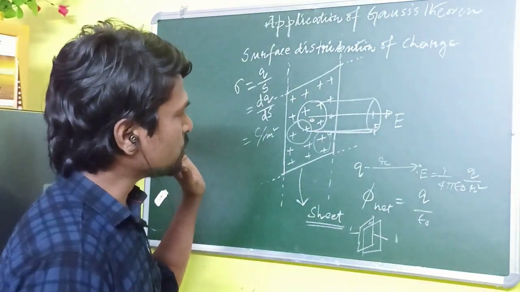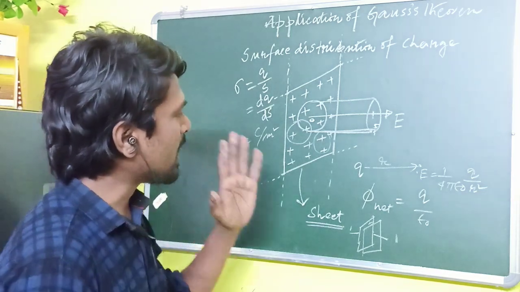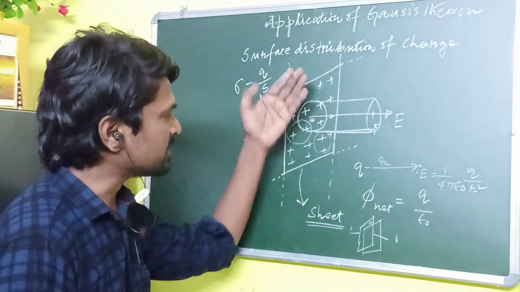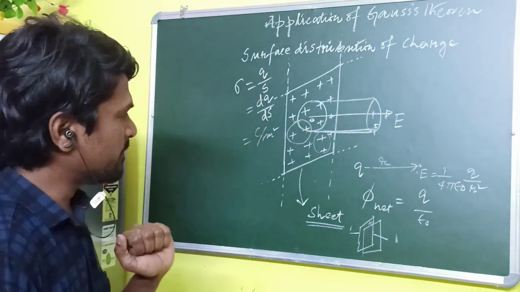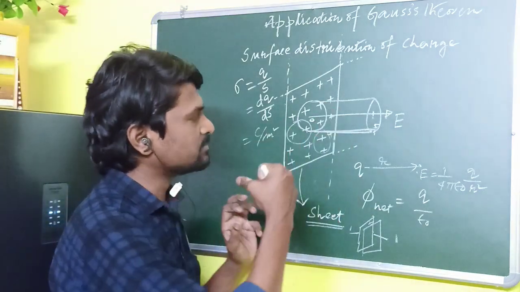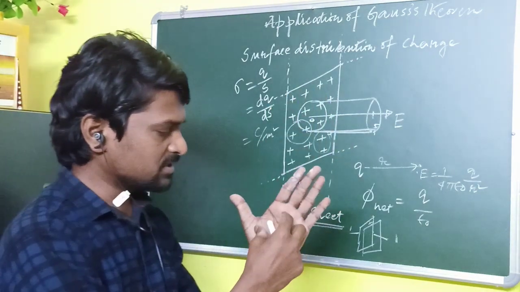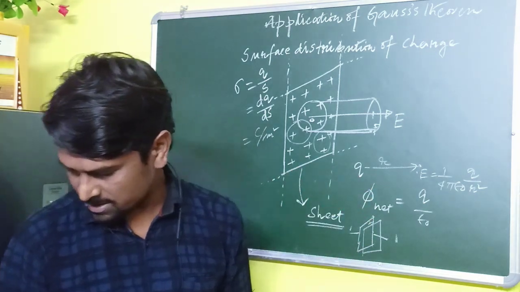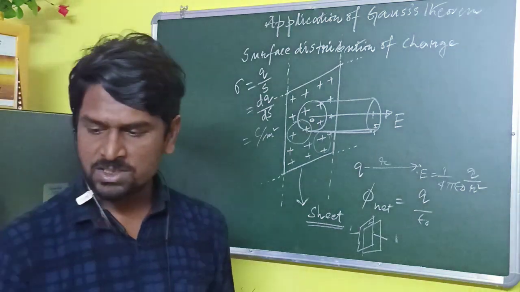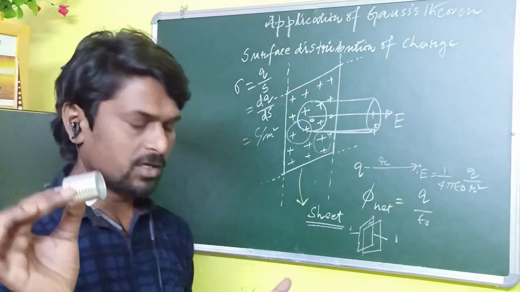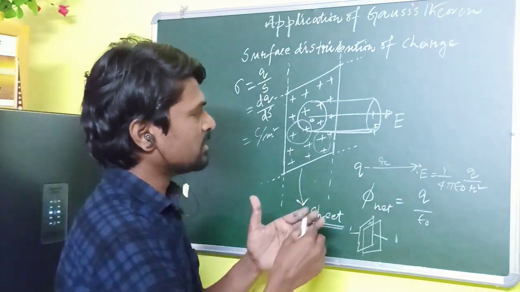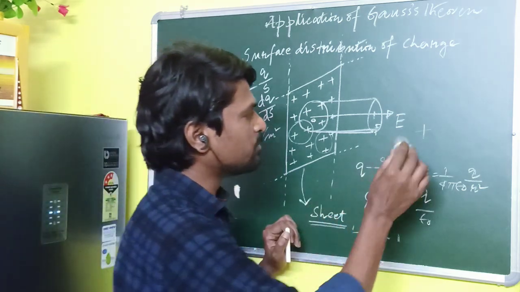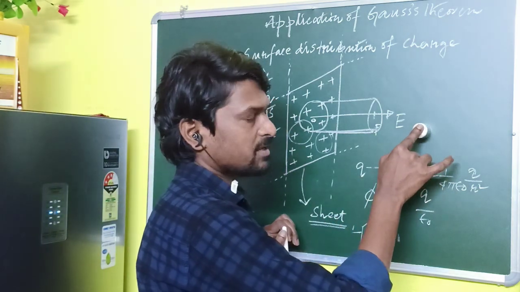Okay. So applying Gauss's theorem, you have to calculate the electric field intensity at some point from that particular sheet. Suppose, students, there is a charge here and you have to cover it, then you take a cylindrical surface like that.